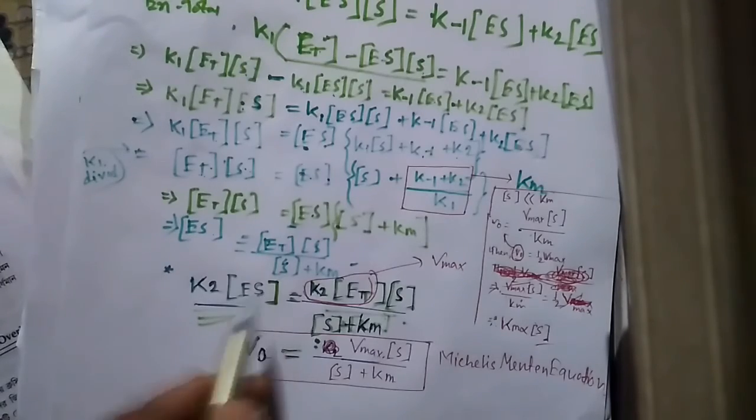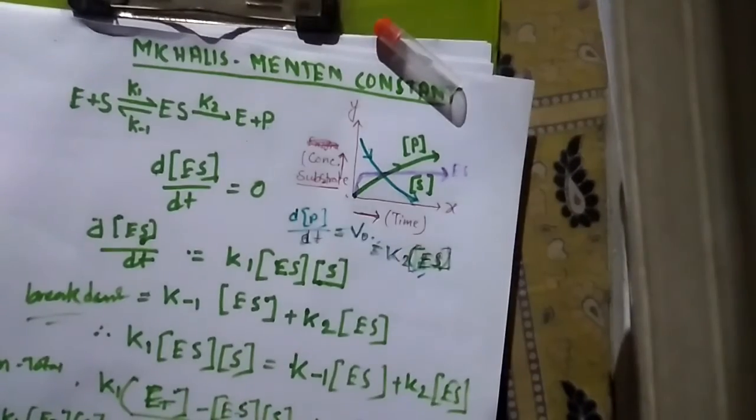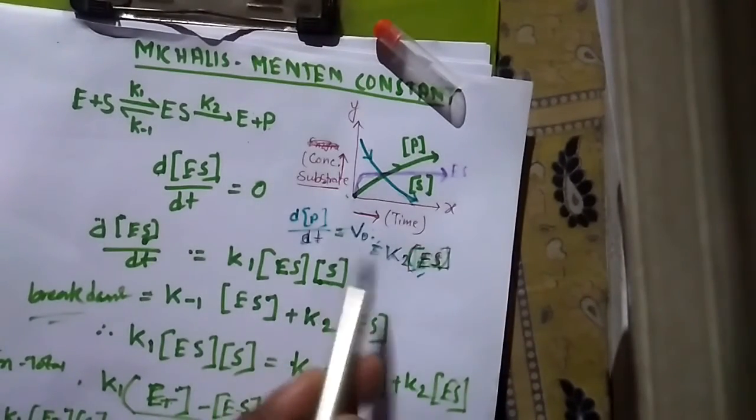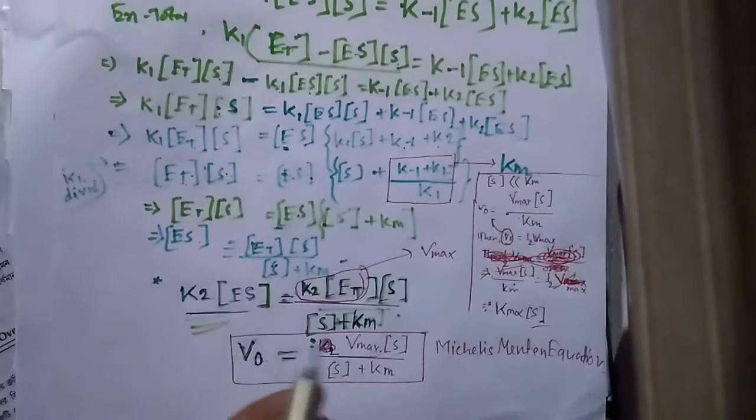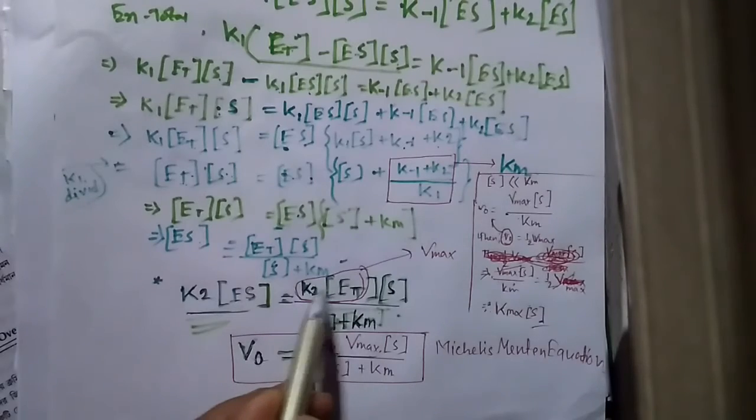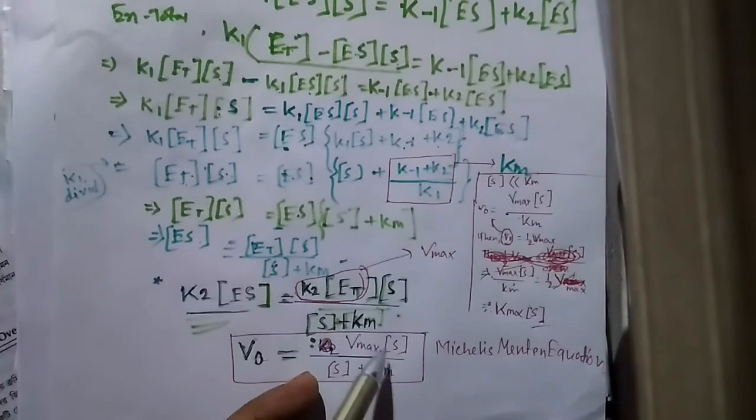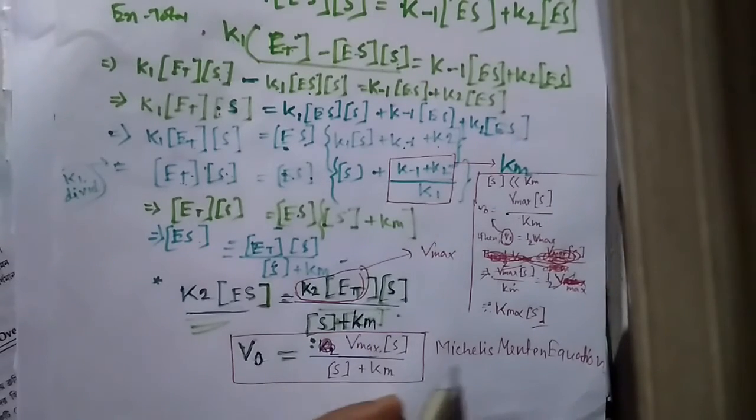K2 ES is the V0 we found previously. So V0 is equal to K2 ES, which is Vmax times S by (S plus Km). This is the Michaelis-Menten equation.